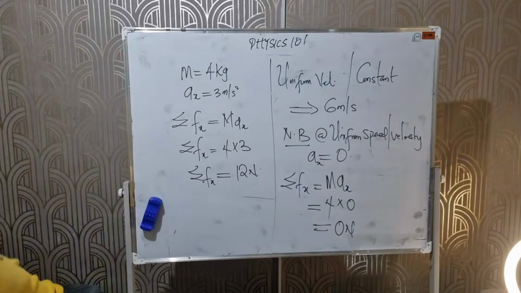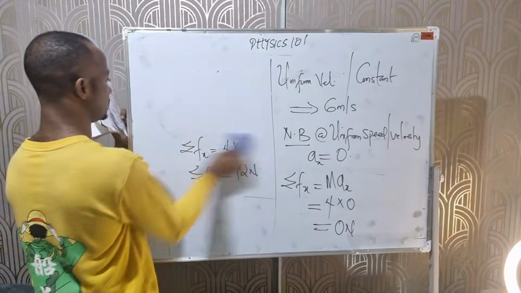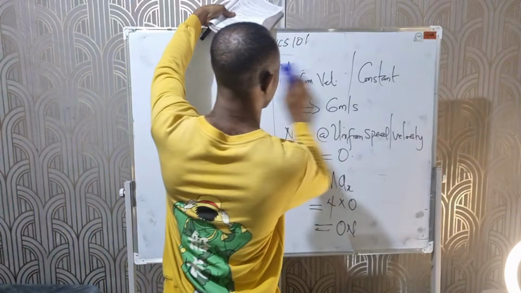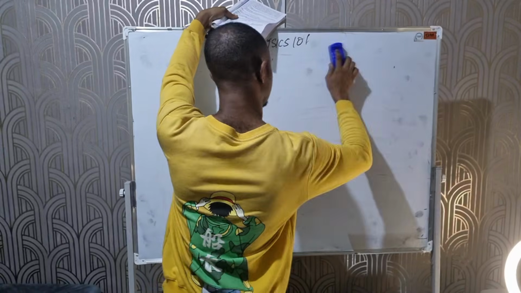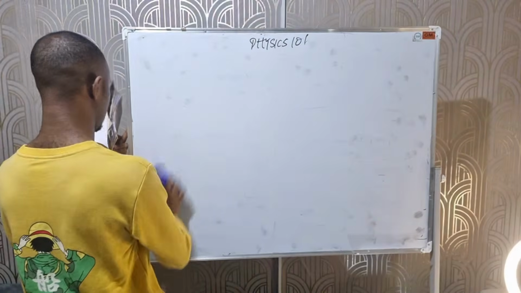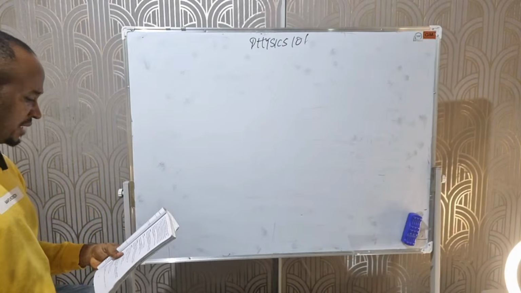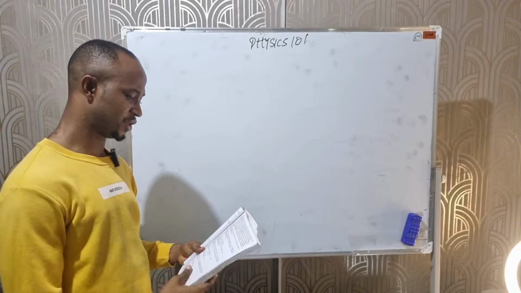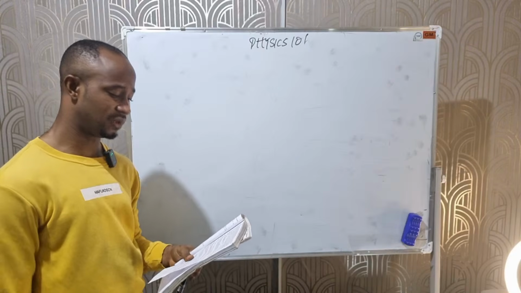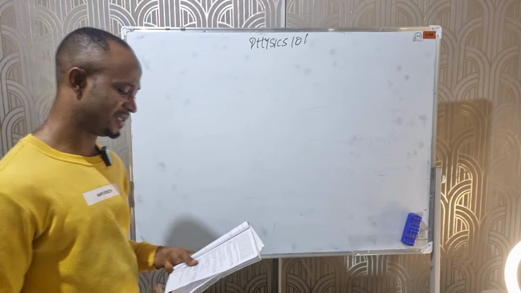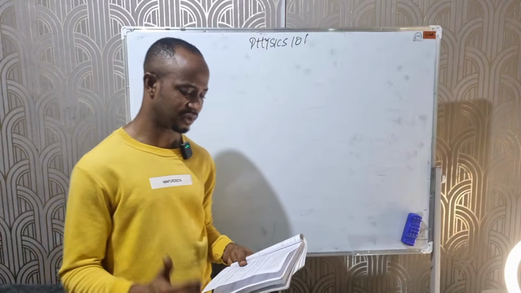Okay, let's look at example 2. Example 2 says: a car of mass 500 kilogram moving with a forward acceleration of 6 meters per second is acted upon by a constant resistive force of 800 Newton.